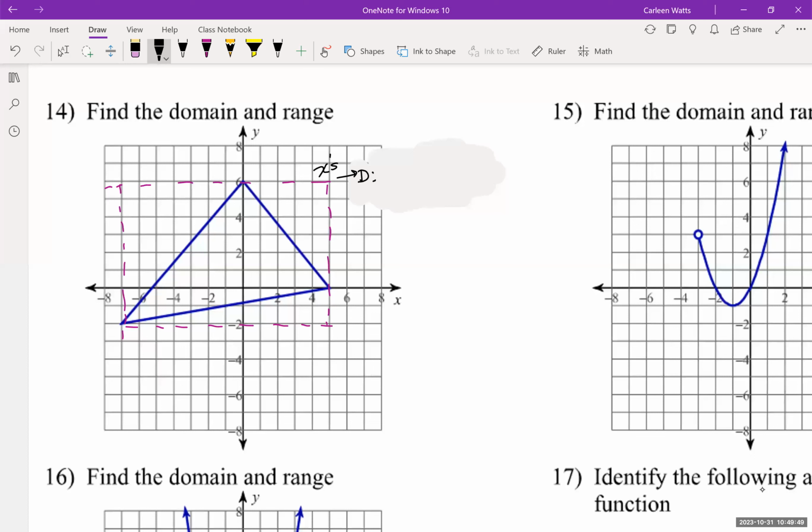Is it -5? Is it -6? Careful. The x's, what is the widest x? What is the x farthest to the left? And the edge of the box actually crosses through that. It is not -5. It is -7.